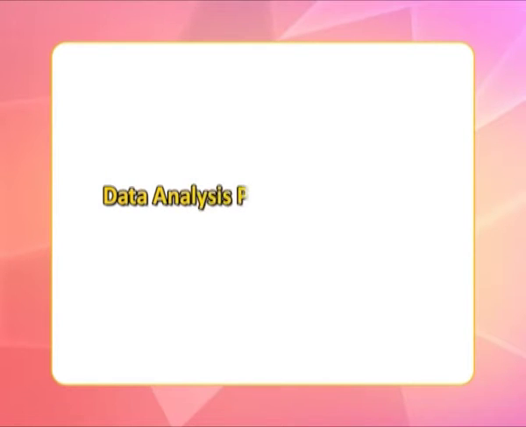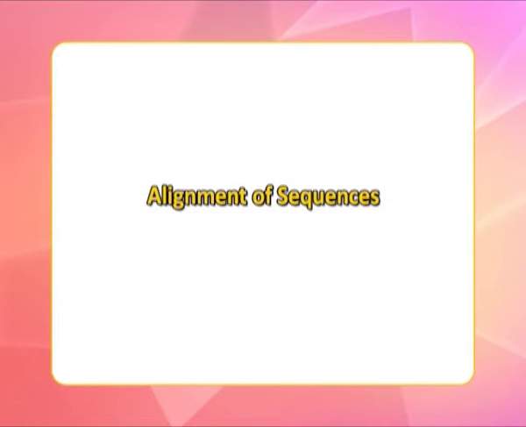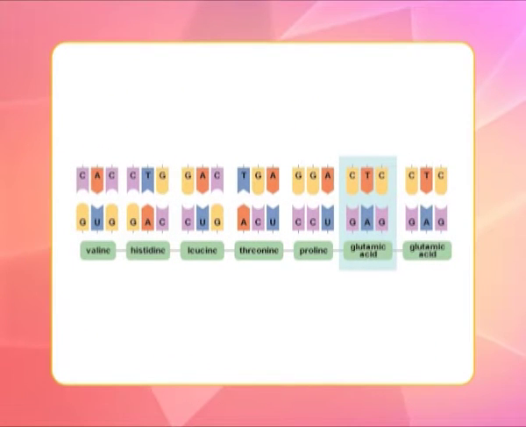Dear students, let's now talk about the data analysis pathways and tools. Alignment of sequences, bioinformatics, and molecular evolutionary analysis most often start with comparing DNA or amino acid sequences by aligning them.